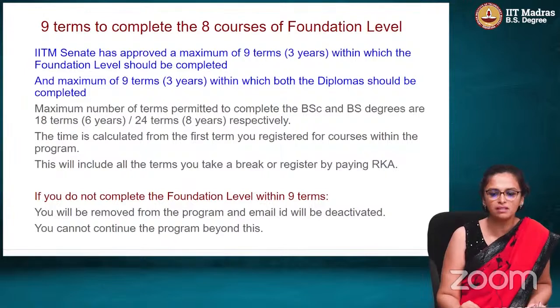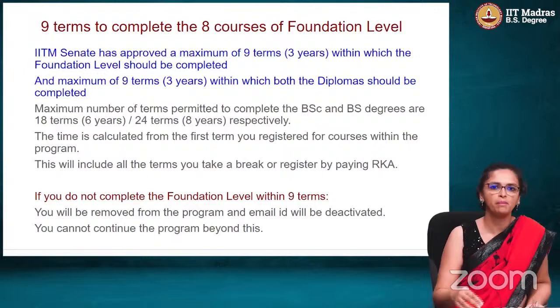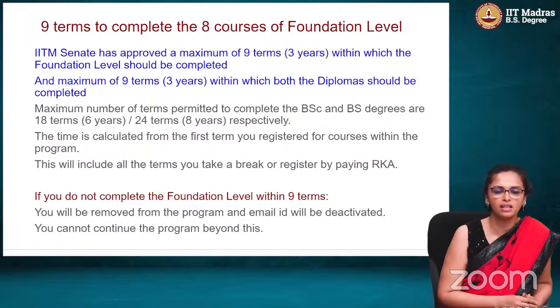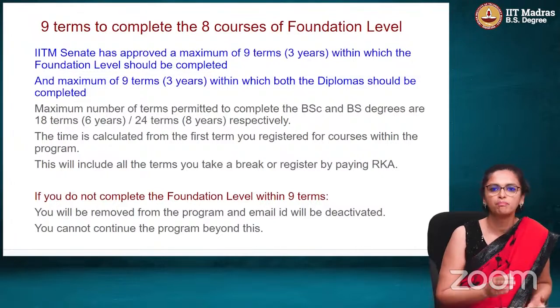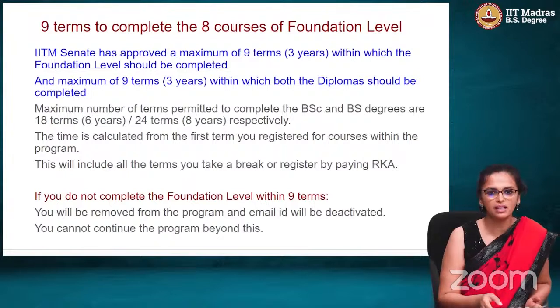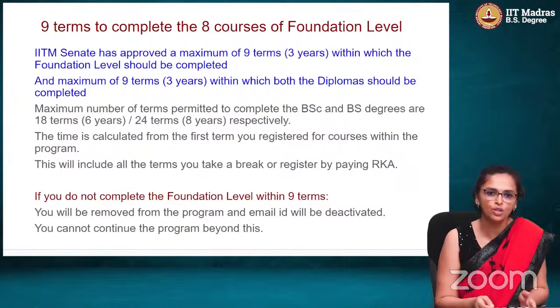In fact, we are debating on changing a part of this also. We will get back to you once the policy is finalized. But for now, the IITM Senate has approved that the foundation level should be completed in a maximum of 9 terms or 3 years.